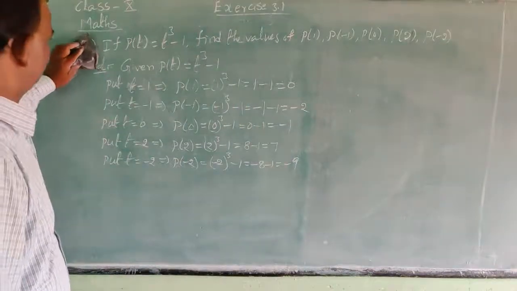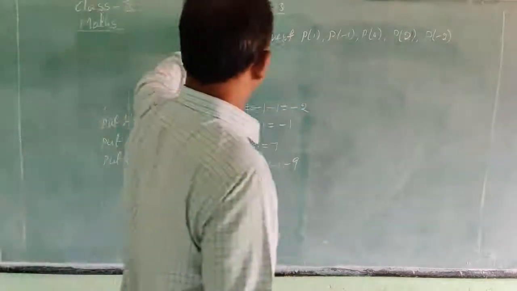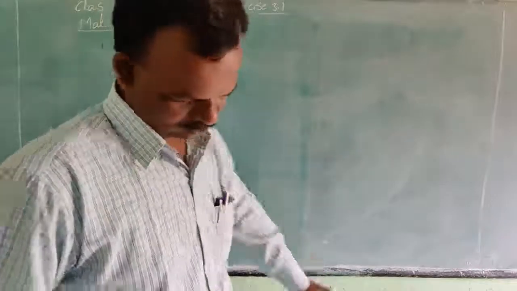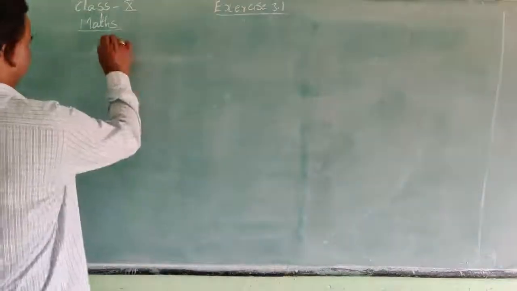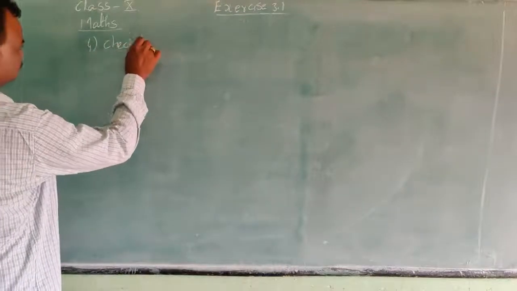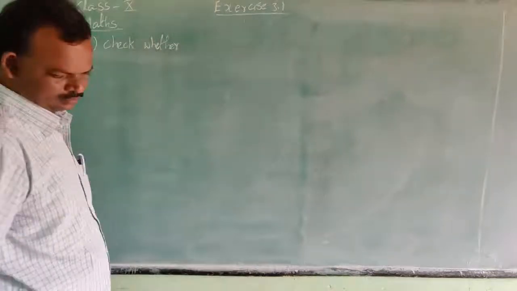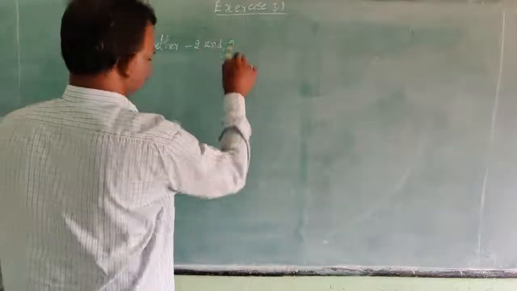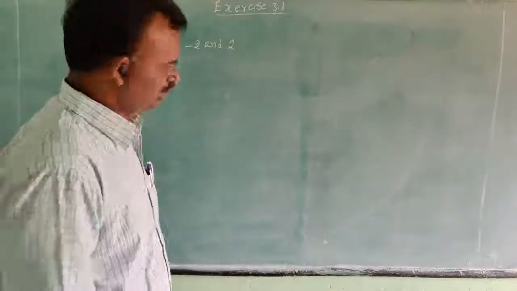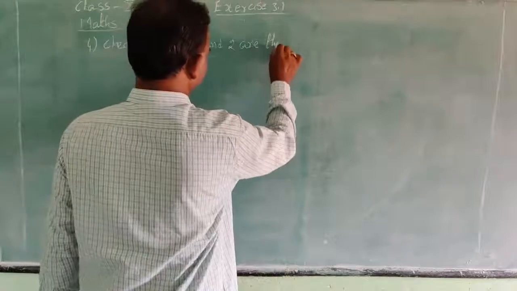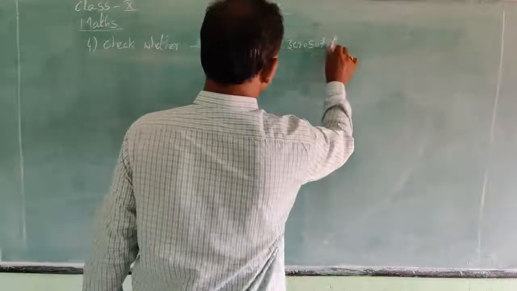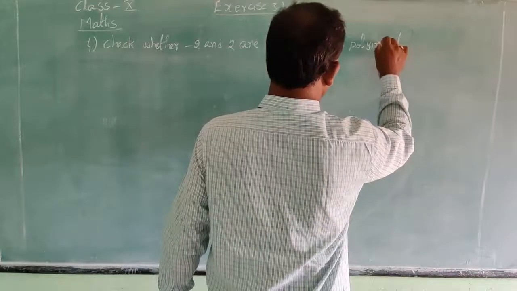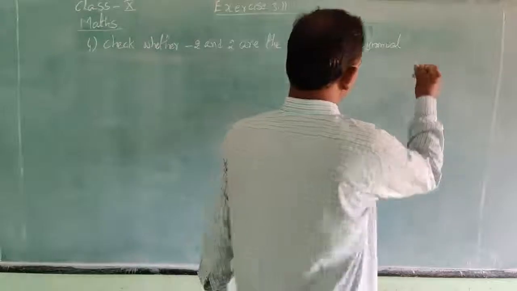And next, fourth question is check whether minus 2 and 2 are the zeros of the polynomial x power 4 minus 16.